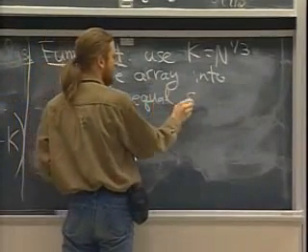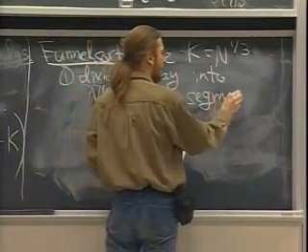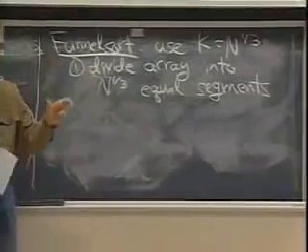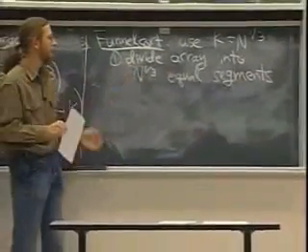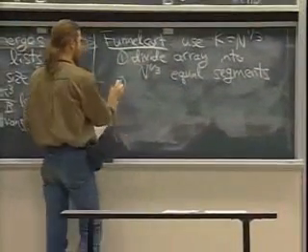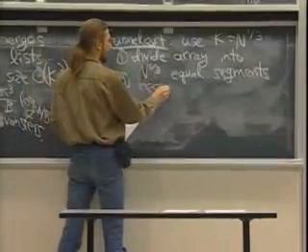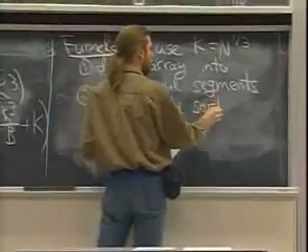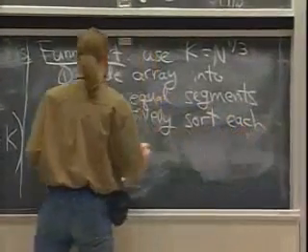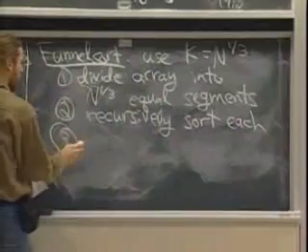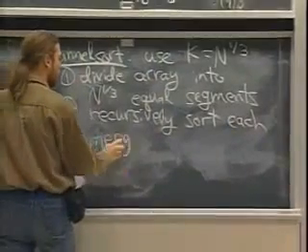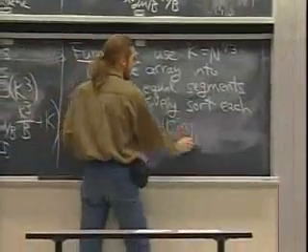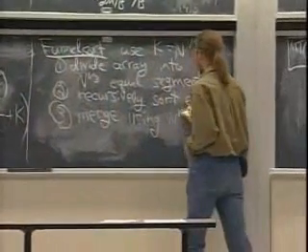I'll call them segments of the array. For cache oblivious, it's really crucial how these things are laid out. We're going to cut and get consecutive chunks of the array, n to the 1/3 of them. Then I'm going to recursively sort them, and then I'm going to merge. And I'm going to merge using the k-funnel, the n to the 1/3 funnel.